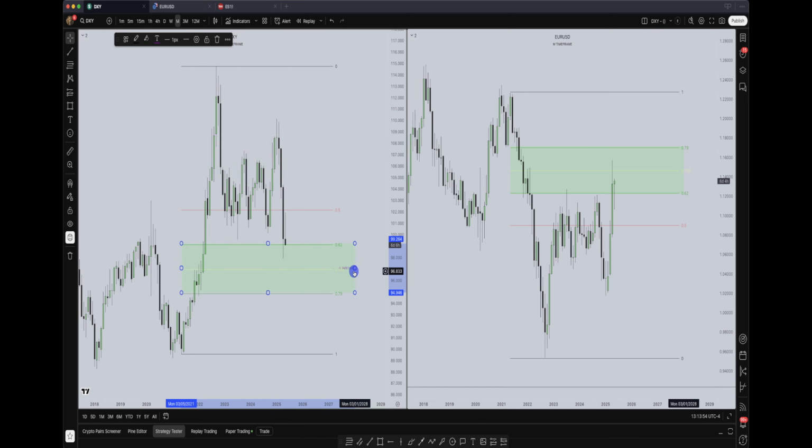So this is the optimal trade entry area, and as you can see, we are right here. Price already visited this zone. Same with the EURUSD, right?